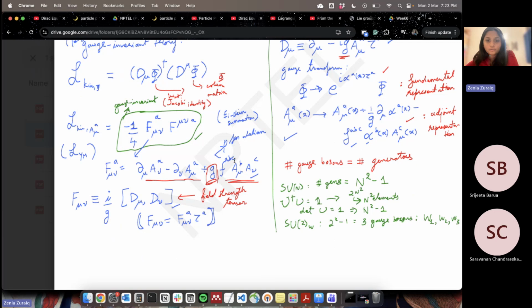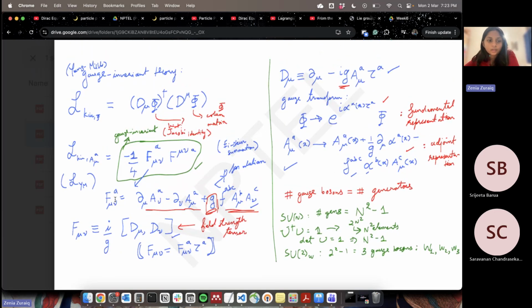For the photon, because it's an abelian theory, the photon belongs to SU2 cross U1. That's why f^abc just goes to zero. Whereas for the color, or the strong force, because it's a non-abelian gauge theory, this doesn't go to zero.